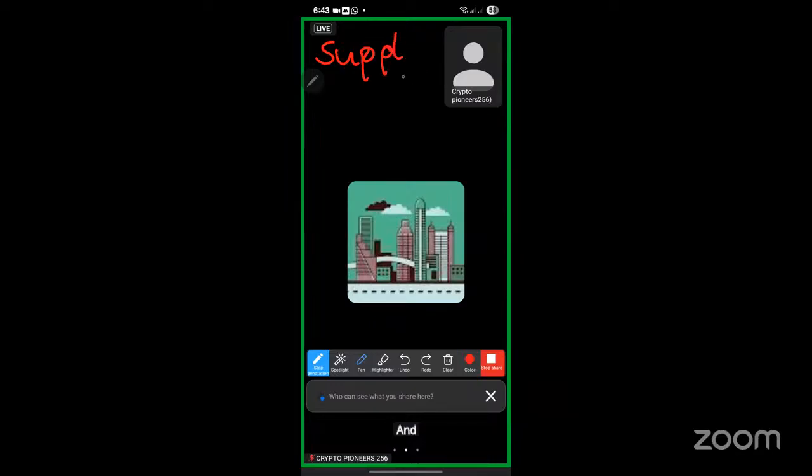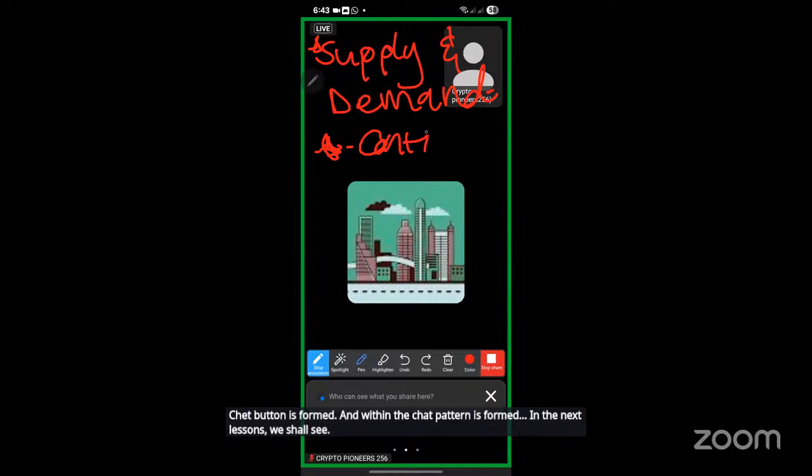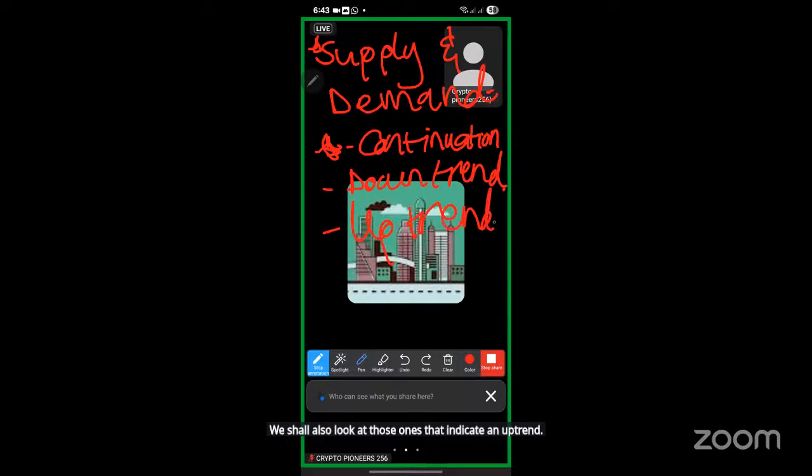From supply and demand, in the next lessons we shall see how a chart pattern is formed, and within the chart pattern, we shall see continuation, those that indicate a downward trend, and those that indicate an uptrend. But today, purposely, we're going to look at supply and demand.